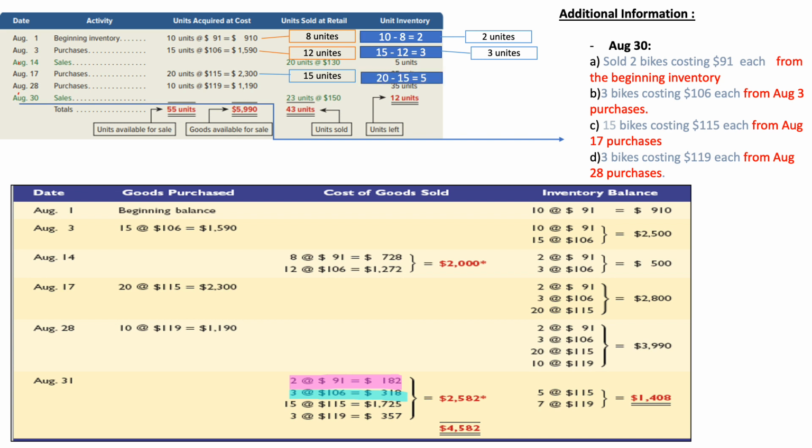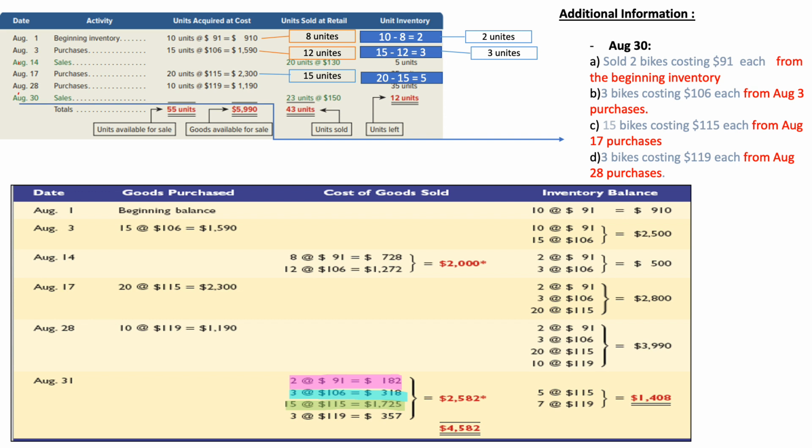I'm going to say 20 minus 15, it's going to give me 5. And then I'm going to record 15 units, and the cost of goods sold, I'm going to say 15 multiplied by 115, which is 1,725.